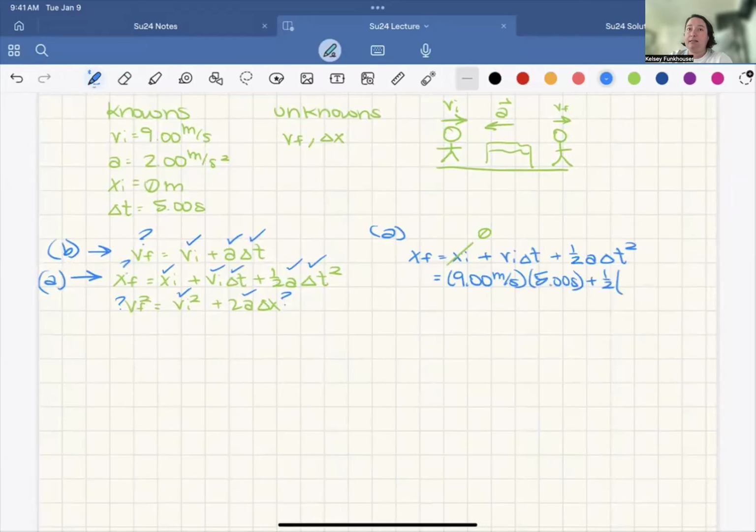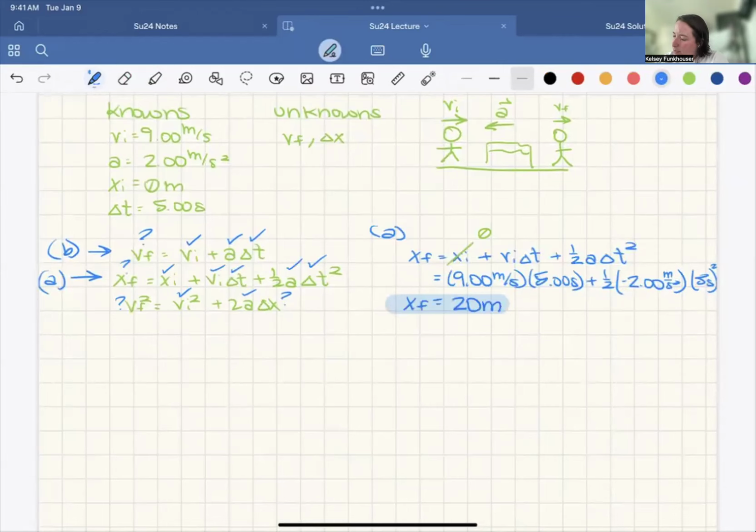Remember, it's negative because it's decelerating, slowing down in the opposite direction of the velocity, negative 2 meters per second squared times 5 seconds squared. So this one, I did this calculation earlier, gives us a position of 20 meters. So that's how far she traveled in those 5 seconds.